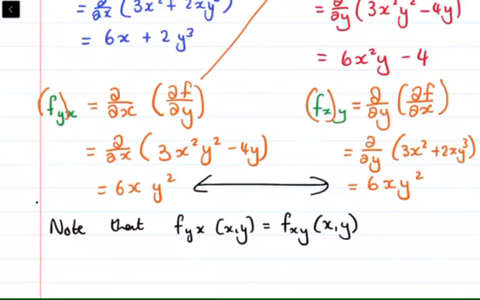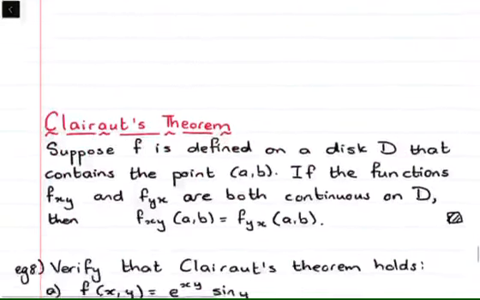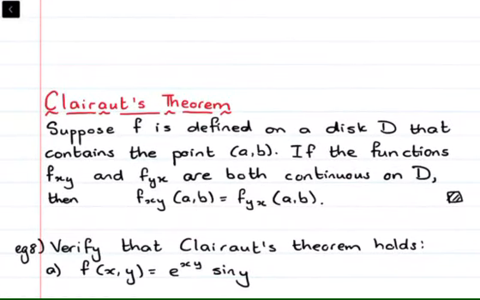Then that is when we have what we call Clairaut's theorem. Clairaut's theorem says, suppose f is defined on a disk D that contains the point AB. If the functions fxy and fyx are both continuous on D, then fxy and fyx are the same in that domain.